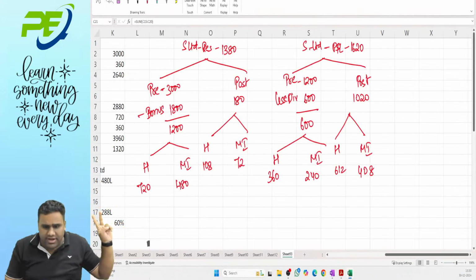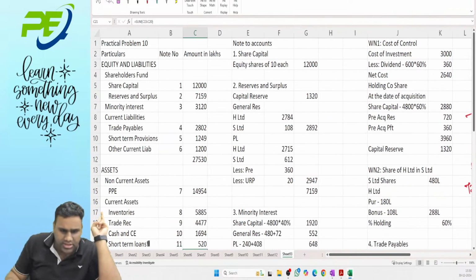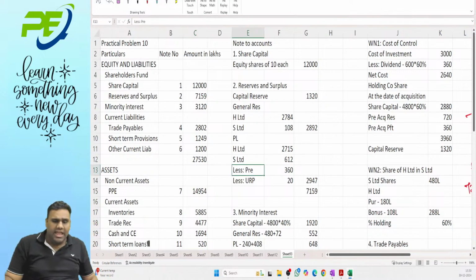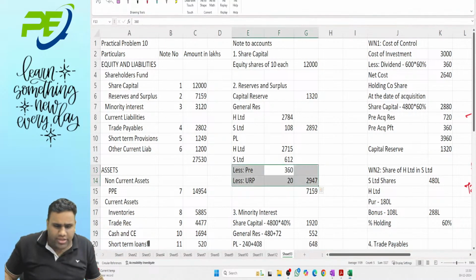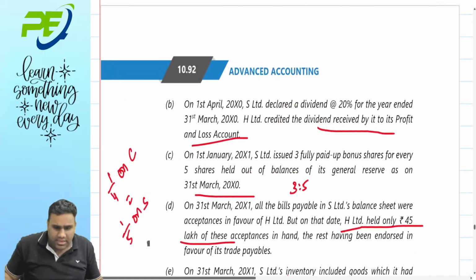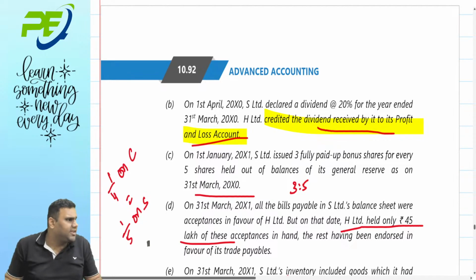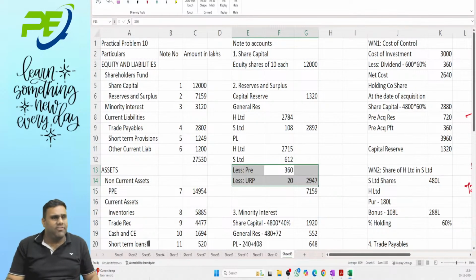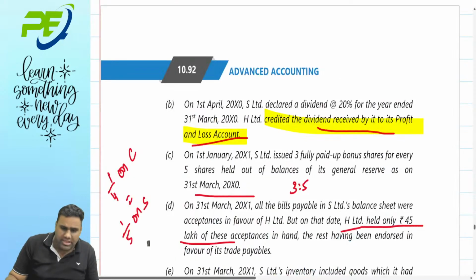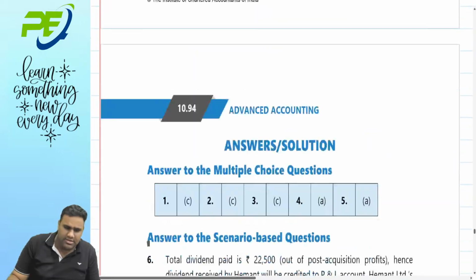Second unique adjustment, everyone: in P&L you have to subtract pre-acquisition dividend, because they have credited the dividend to P&L. It should be reduced from the cost. Is it clear? Now, before you write, just see how ICAI is expecting the answer.